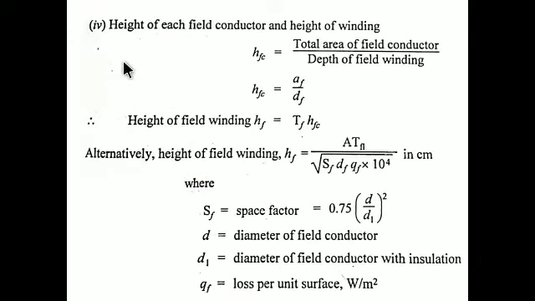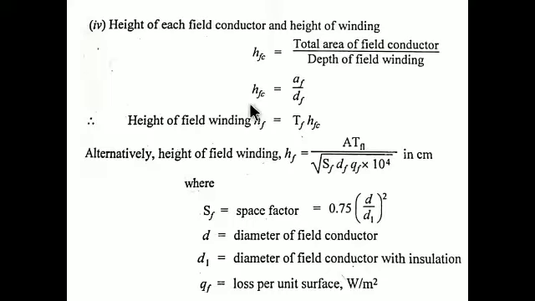Then the fourth content is the height of each field coil and the height of the winding. This is already covered in the field system design itself, but it is not a detailed one. It's a cut short value, so just recall the content. HFC is the ratio of the total area of the field conductor divided by the depth of the field conductor.